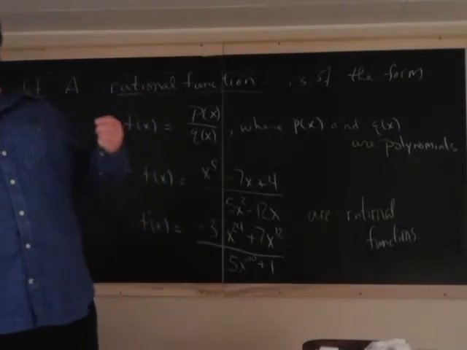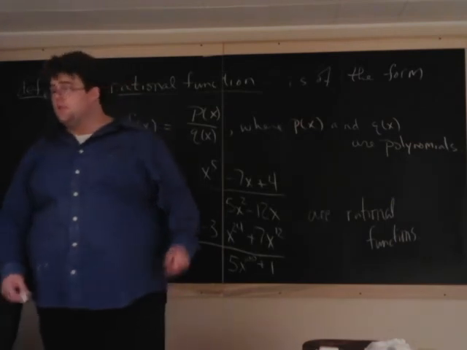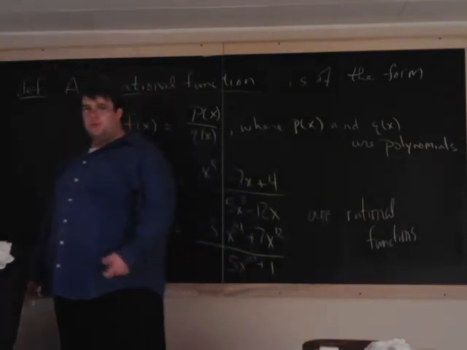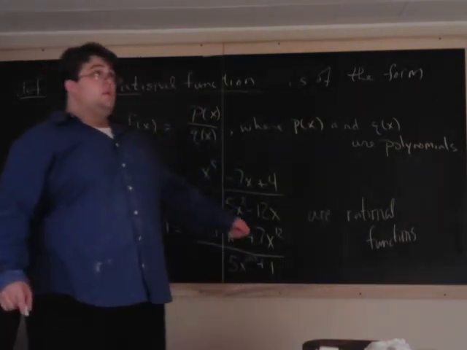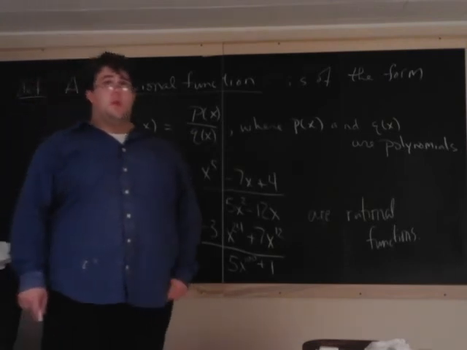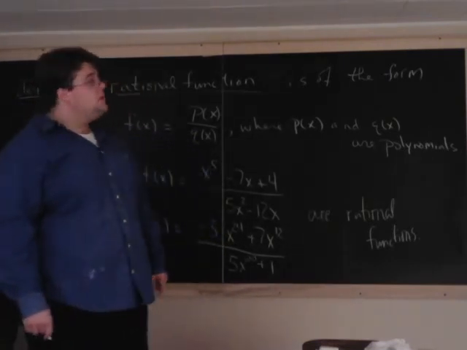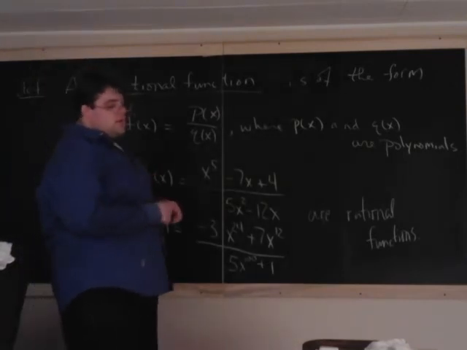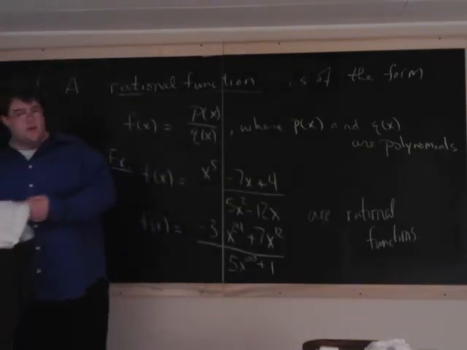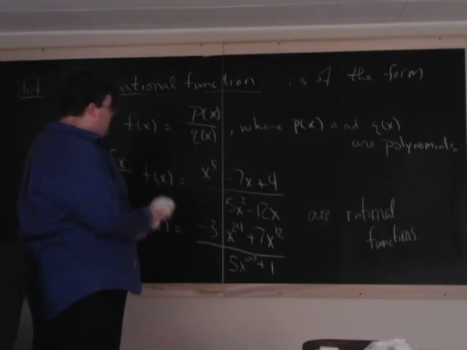Now, one nice property of rational functions is we can talk about their domains. So remember, the domain of a function is the set of inputs you can put into a function. Polynomials have no restrictions on their domains. So you can put any number you want in. But rational functions do have a restriction on the domain.